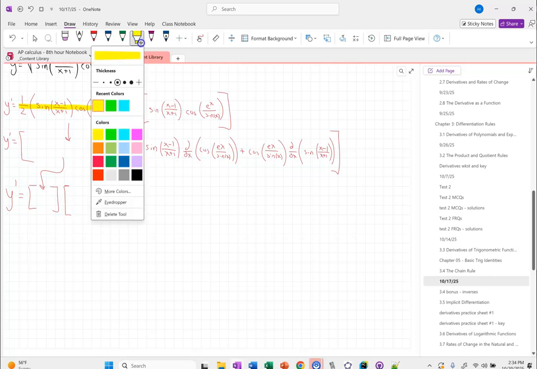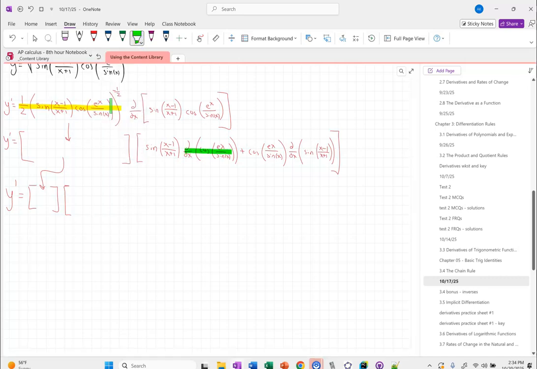All right. So now we have to worry about these 2 derivatives, right? How do I do the derivative of cosine of e to the x over sine x? It's the chain rule. Very good.